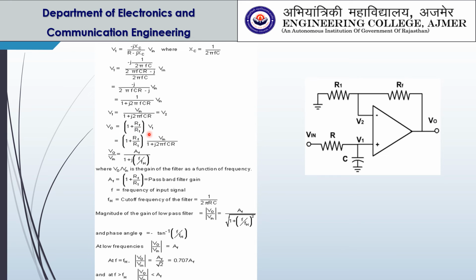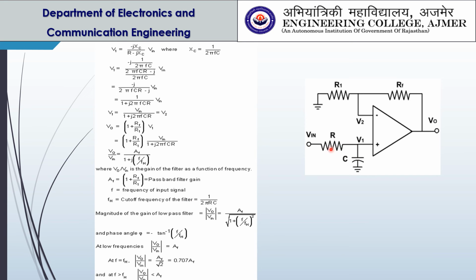When we put the value of V1 from the above equation, we get V0 by Vin equal to AF upon 1 plus j f by fH, where V0 by Vin is the gain of the filter as a function of frequency, and AF is given by 1 plus RF by R1, also known as passband filter gain. f is the frequency of input signal, fH is the cutoff frequency of the filter, and fH is given by 1 upon 2 pi RC.